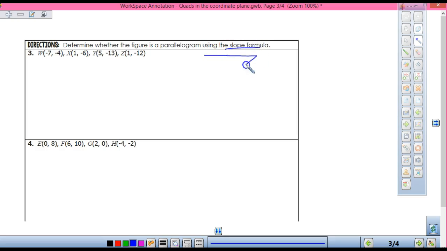So now I have, who do I have? W, X, Y, Z. Right? So who do we have to check to see who has the same slope? WX. So WX equals, now what's my slope formula? y2 minus y1 over x2 minus x1.